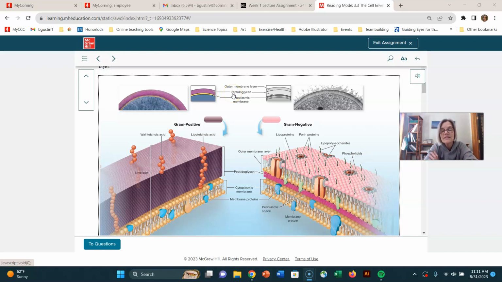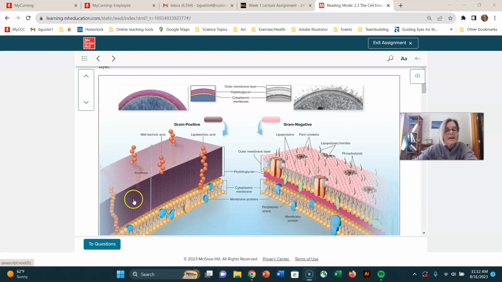I know that sounds like a fancy word, but it's an important word in microbiology, and it's one you should commit to memory. Here's a more detailed diagram, and we're going to talk about cytoplasmic membranes in a couple minutes. This probably looks familiar, that phospholipid bilayer with proteins in it. There's that cytoplasmic membrane that all cells have.